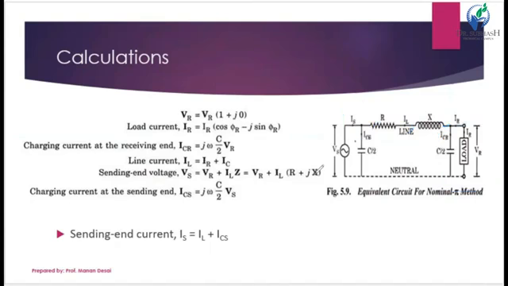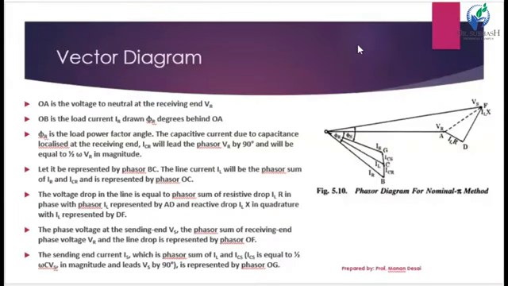Now, in this vector diagram, OA is the reference phasor, and it is the voltage to neutral at the receiving end, VR.